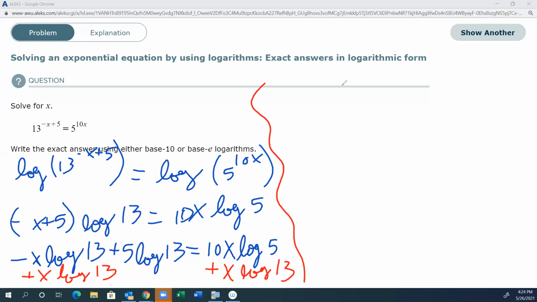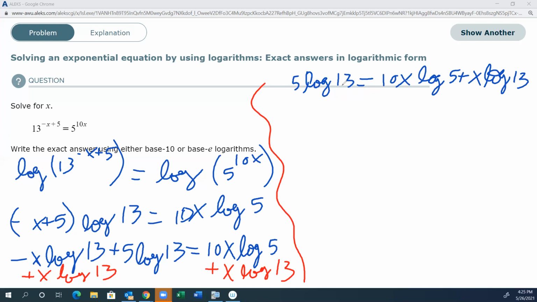So that I end up with 5 log 13 equals 10x log 5 plus x log 13. Okay, so I think that we can all agree, at least intuitively, that that's a step in the right direction, but we might not quite see exactly why that's the case.